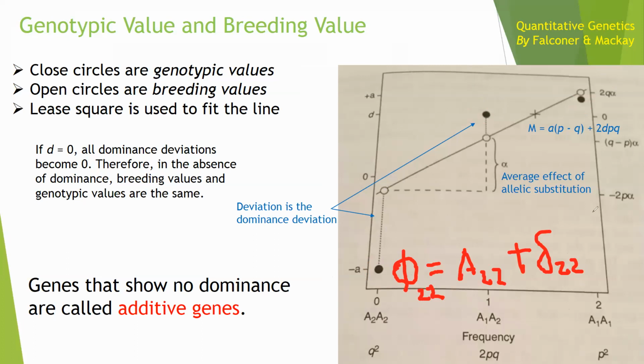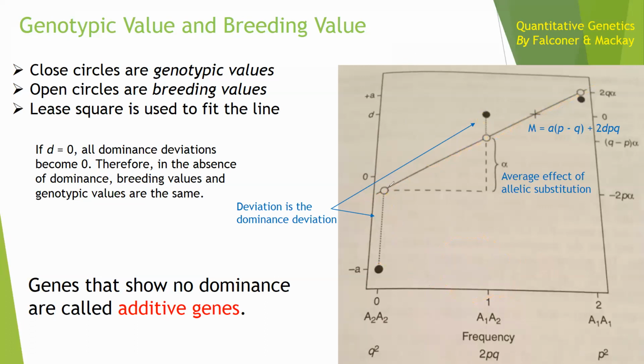And only the breeding part is the linear part that can be explained by the linear model. So if we use least squares to estimate the best fit line for these three values, we're going to see the deviation of each data point from this best fitting line.